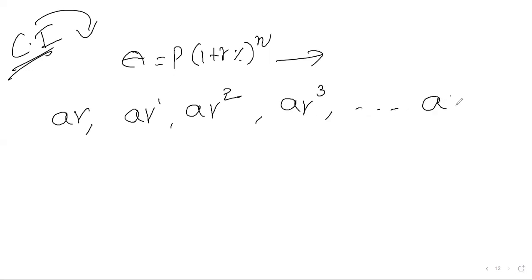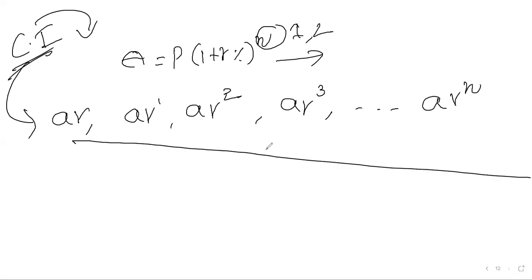You are writing A into R to the power of N. The compound interest is nothing but your geometric progression. Then we can find R easily. The principal is already given. Always the principal is multiplied with 1 plus R.